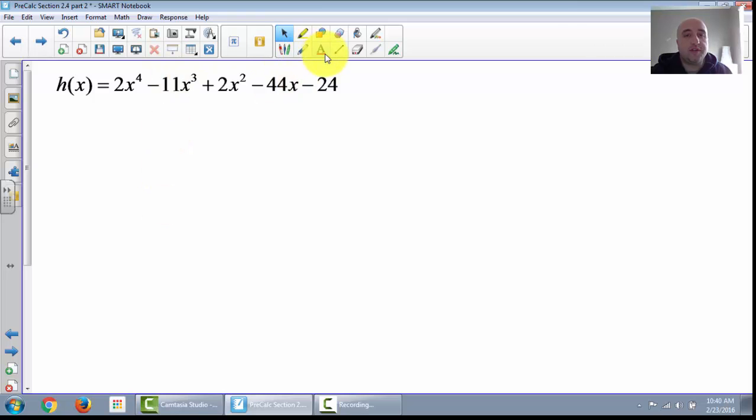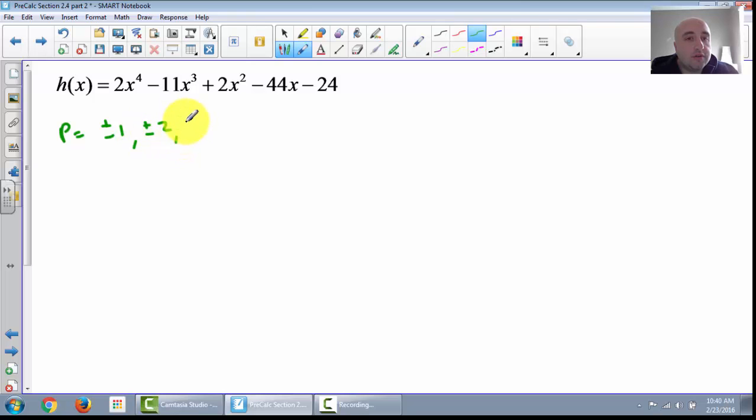First thing we need to do is find all of our p's and all of our q's. Remember, our p's are all of the factors of our constant. So what are the factors of 24? 1, 2, 3 goes into 24, 4 goes into 24, 6 goes into 24, 7 doesn't, 8 does, 9, 10, 11 no, 12 yes, 12 goes into 24. 13, 14, 15, 16, nothing else goes into 24 except for 24.